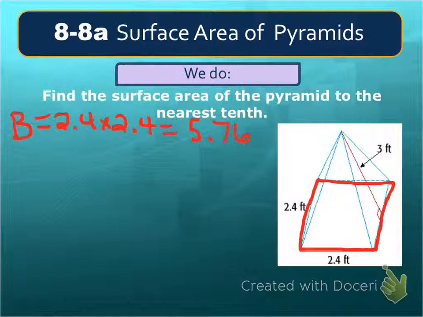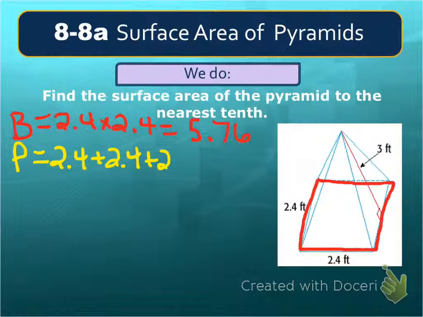Now we need to find the perimeter. Remember, the perimeter is just adding the sides together. Well, if I have a square base, that means I'm going to have 4 sides I need to add. And all of these sides are going to be 2.4.